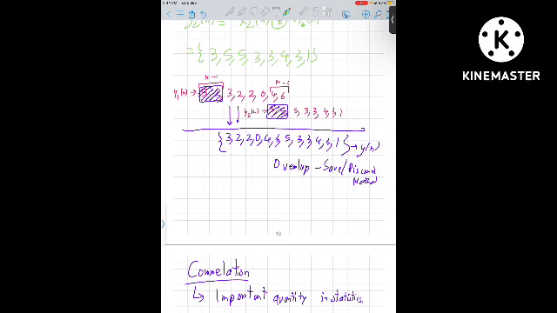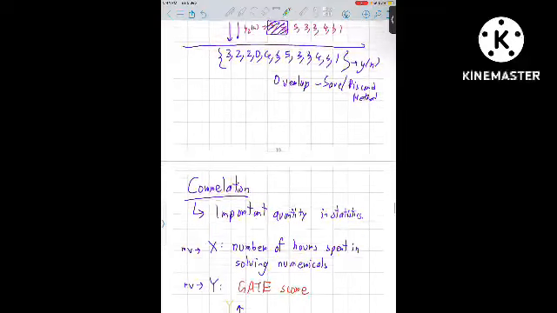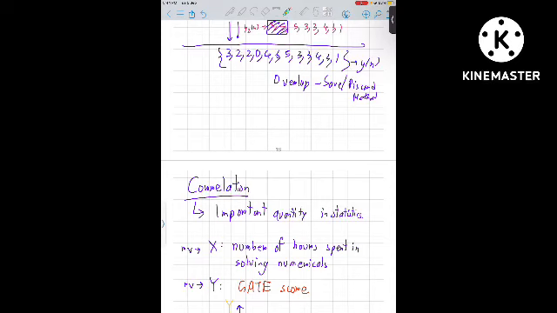This is a random variable. Another random variable Y is, let's say, the all India rank in the GATE examination.